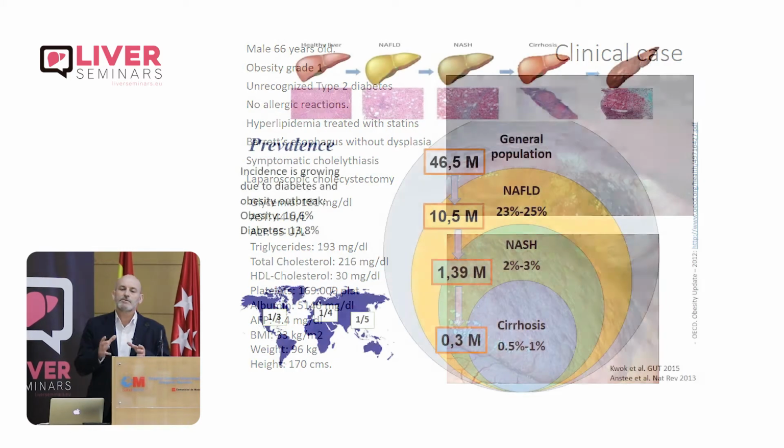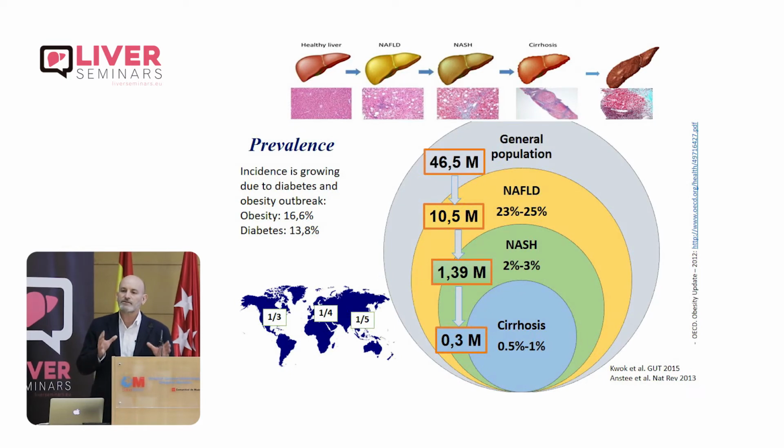And this is the key aspect in the burden of this disease. Many times we think of around a third of the American people suffering from NAFLD, a quarter in Europe, a fifth in Asia. Even in Spain, in the general population, around 10 million people suffer from NAFLD, and we can think there are many people suffering from this disease, but how many patients are suffering from advanced fibrosis?